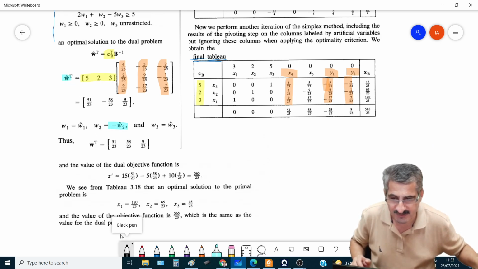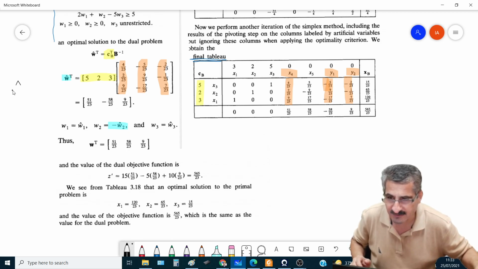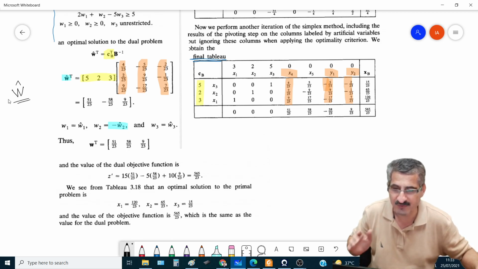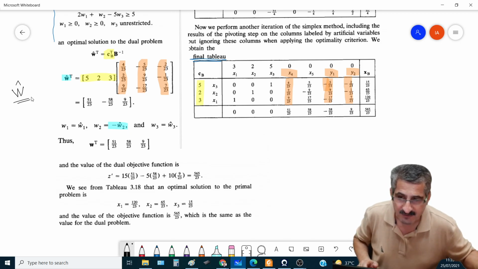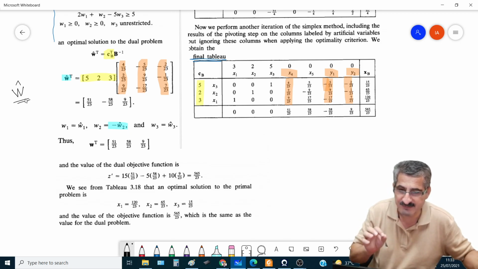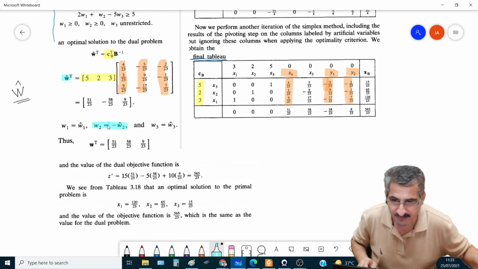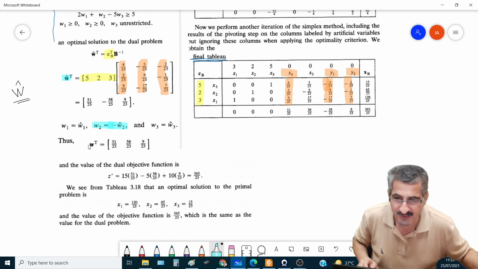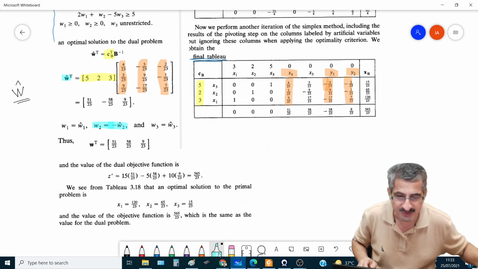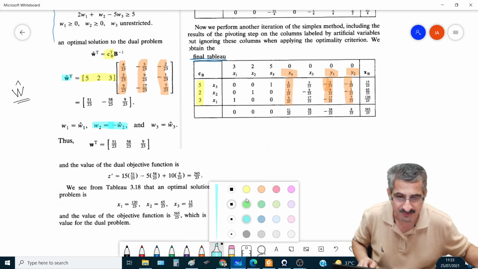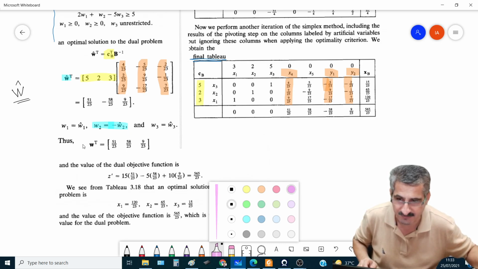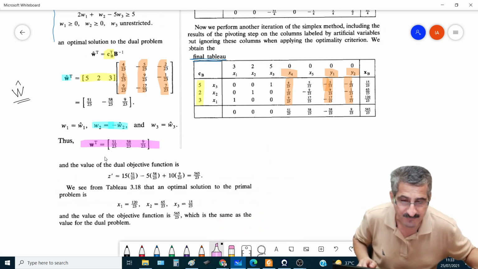This is why we're saying W hat, because this is not our final solution. Some of the entries must be multiplied by negative, and it is W2. And once we do that, then we reach the solution we are looking for, in this color. And this is the solution.